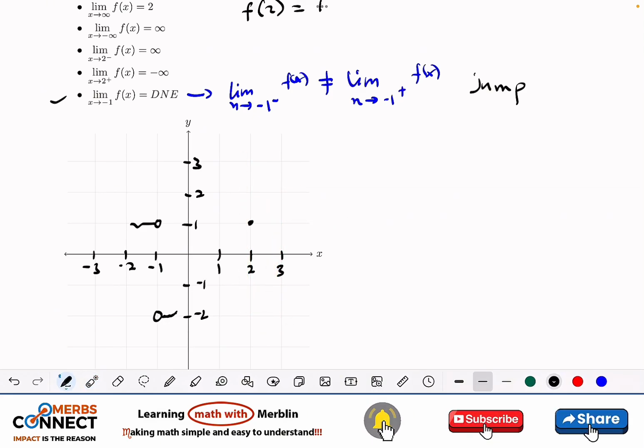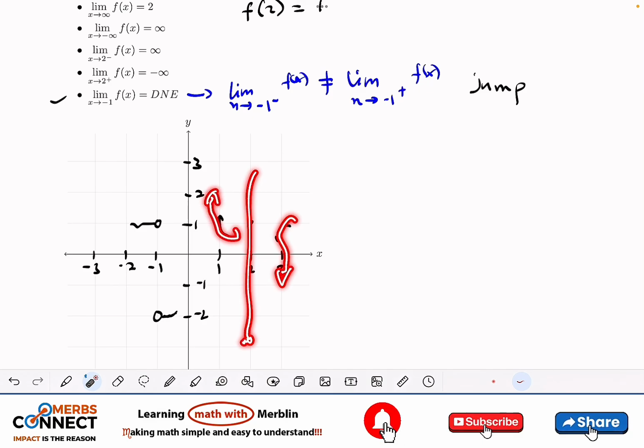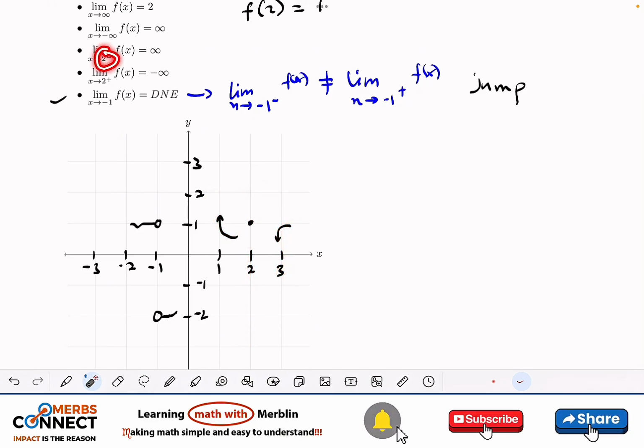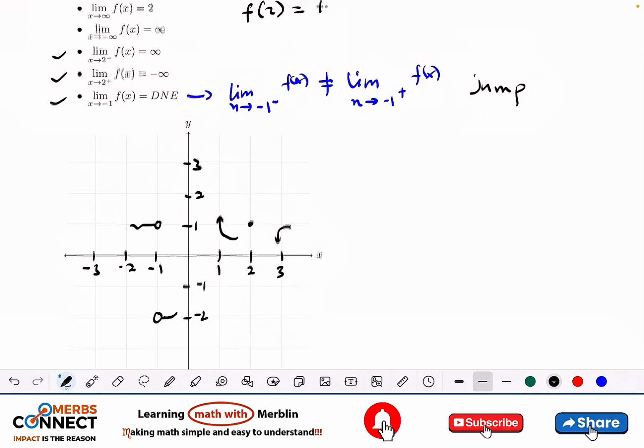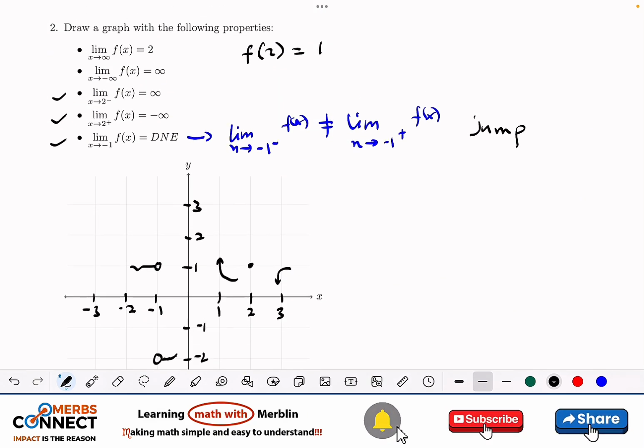So because of that, I'll just sketch something small here for you to see. On the right, I'm going to negative infinity, and on the left I'm going to positive infinity. So at 2, I've indicated it, but I've not drawn the diagram. I just want to have the sketch before I combine them together.